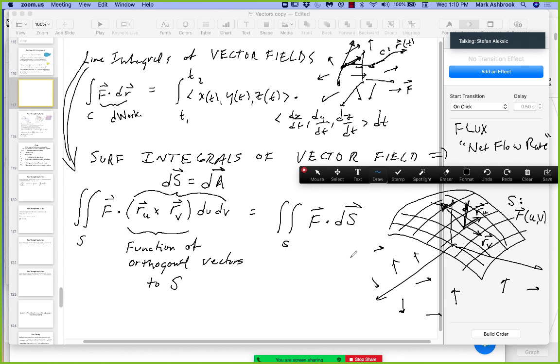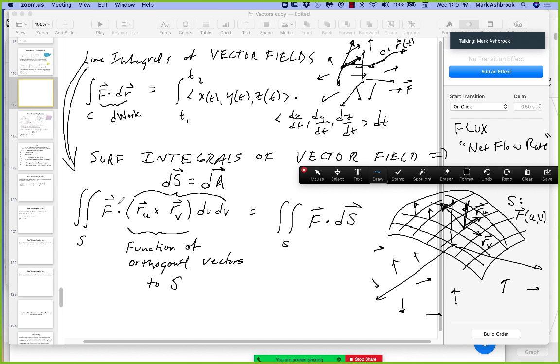So this is kind of how Calc 3 is used in, say, something like electromagnetism with Maxwell's equations, right? Like with electric flux and all that. Yep. Flux is like flow through a surface. So then we only care about the direction orthogonal to the surface. Therefore, this vector here.